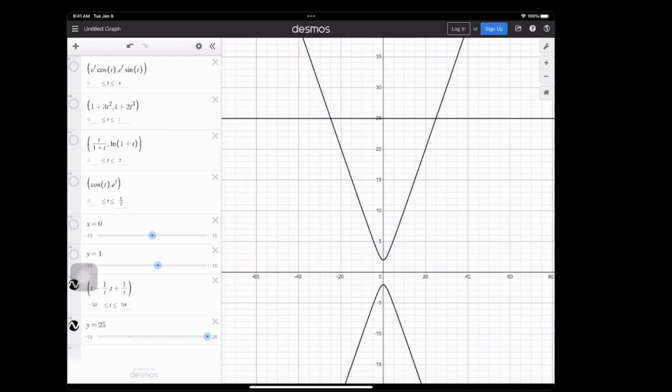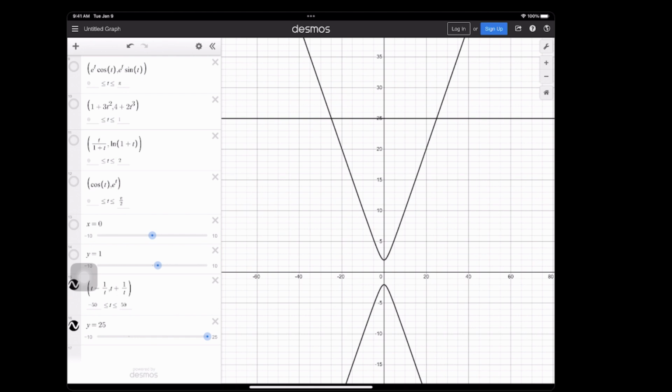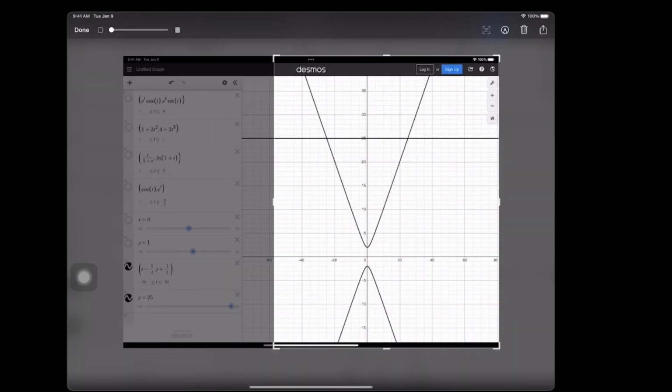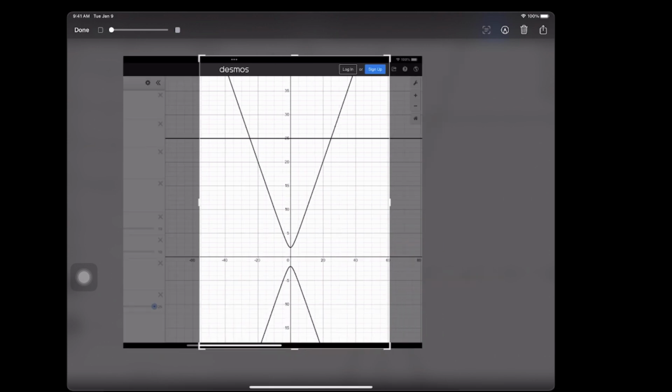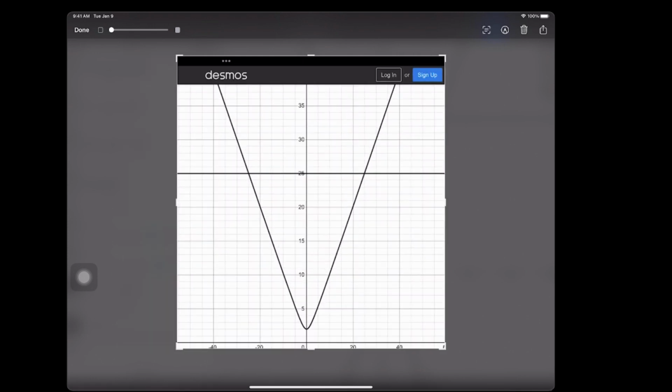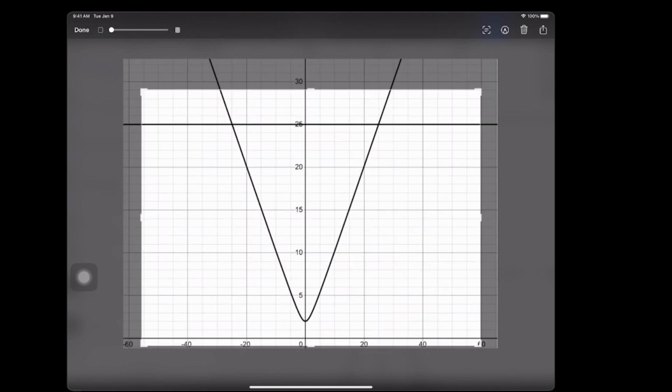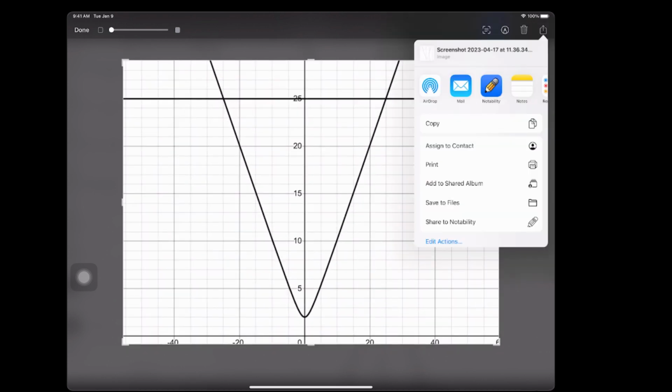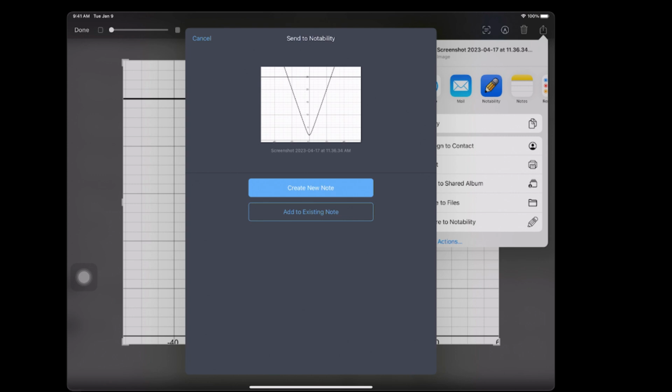So what do you think they're talking about for bounded area? Do you see what I'm saying? Yeah, they're talking about your area here. Is that right? This is what they're talking about. So I'm going to try to get this in here, because they didn't restrict your t anywhere. But this is what they're saying here. Okay, so import that into Notability. Add to existing note.